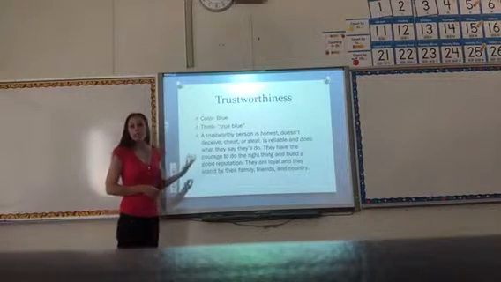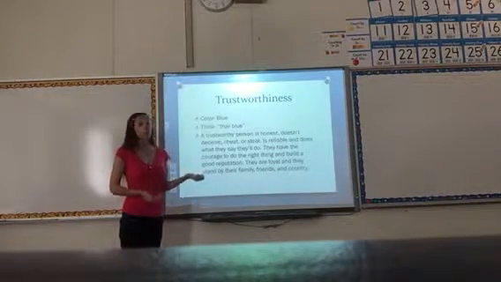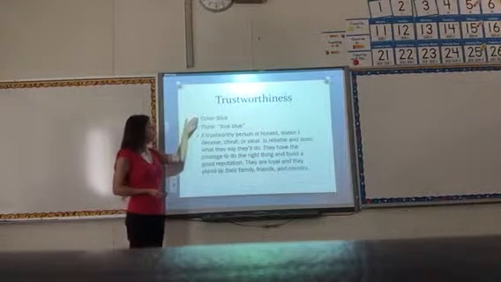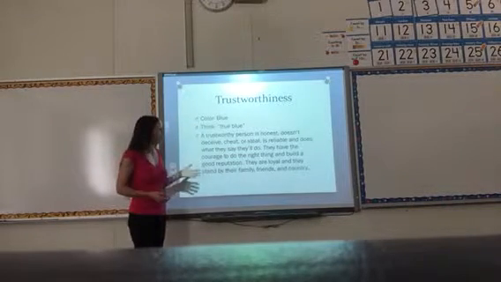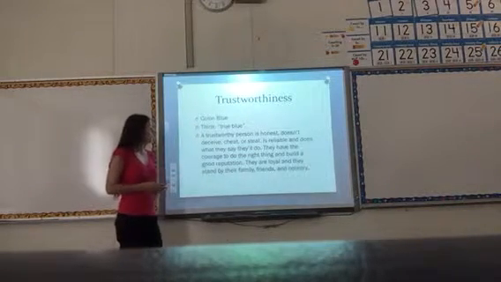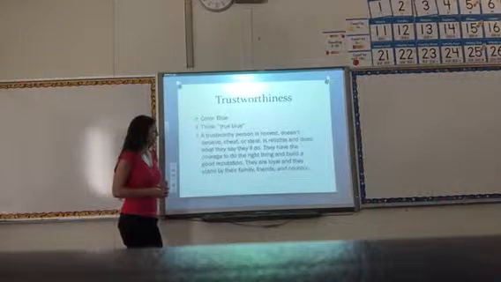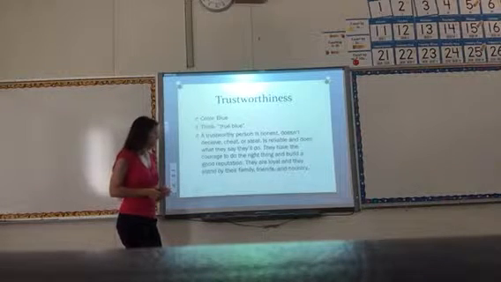The first character pillar, which I feel is important with social and emotional learning, is trustworthiness. The color to represent it is blue, and if you think true blue, a trustworthy person is honest, doesn't deceive, cheat, or steal, is reliable, and does what they say they'll do. They have the courage to do the right thing and build a good reputation.